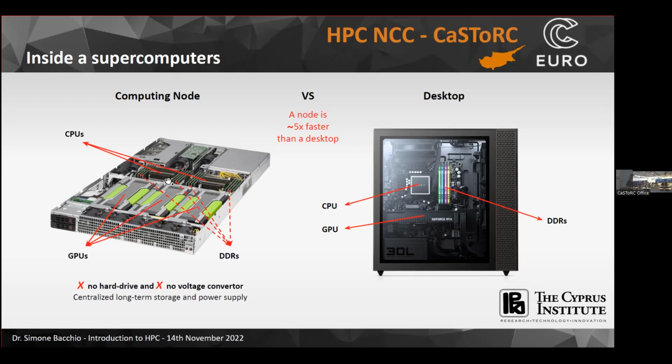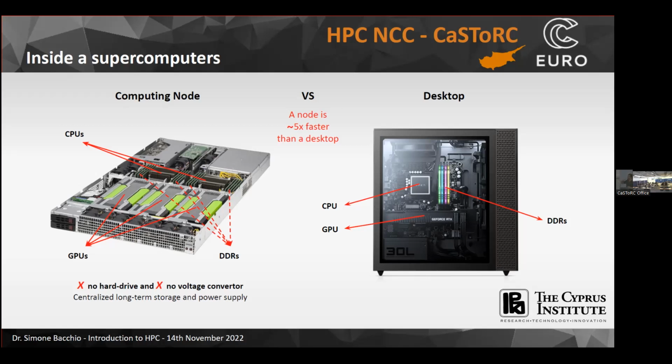You can see here all the slots. Usually it can reach up to 512 gigabytes per node, which is a lot compared to, I don't know, 16 or 32 gigabytes in your laptop. It does not have 1 GPU, but it has 3, but actually this node has 6. There are other 3 underneath. So it may have 6 GPUs in one node. And on the other hand, it does not have a hard drive, no voltage converter, because everything then is centralized.